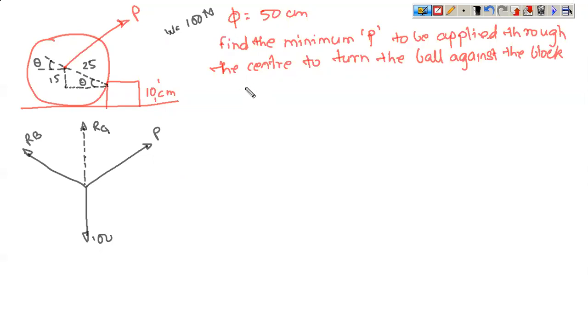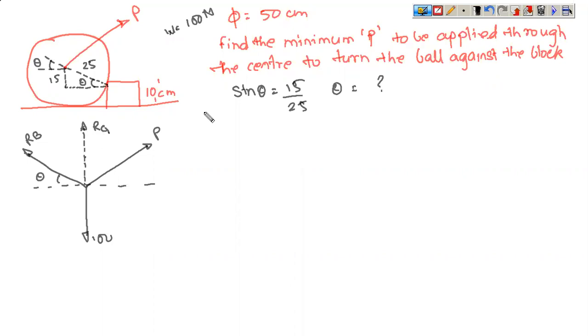So sine theta is equal to 15 by 25. So you can find out the value of theta. So theta is known. I am assuming that you have calculated the value of theta.